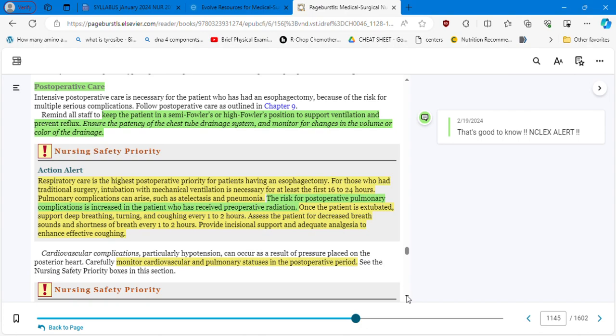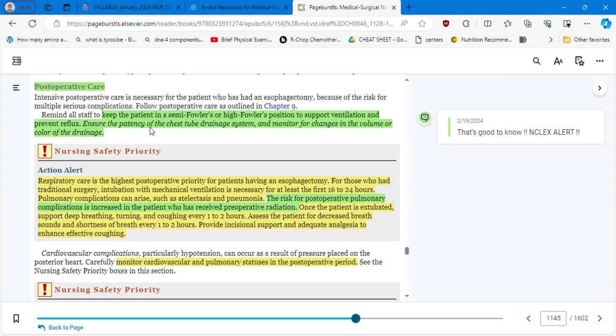Okay, there is a lot of lymph nodes, so sooner or later they have to complete a full esophagectomy. Post-operative care, and the risk of metastasis is high because of the amount of lymph nodes, right? Once one lymph node is infected, then we are going to start the domino effect.